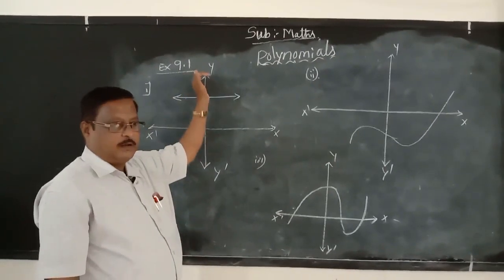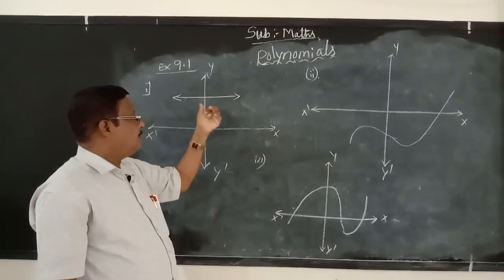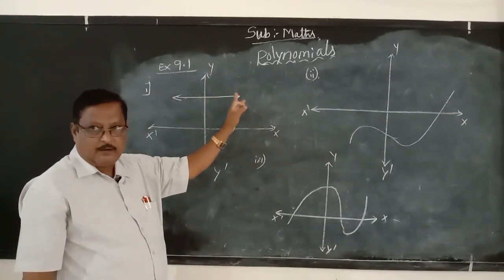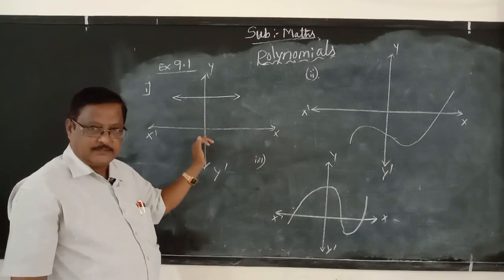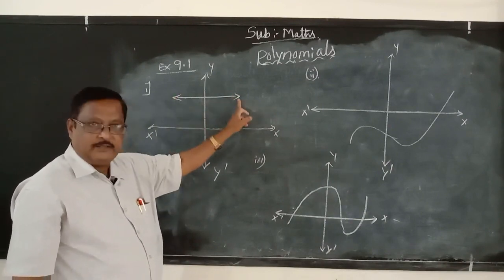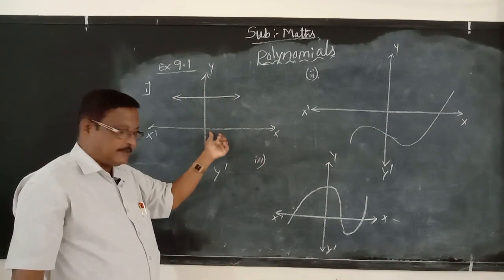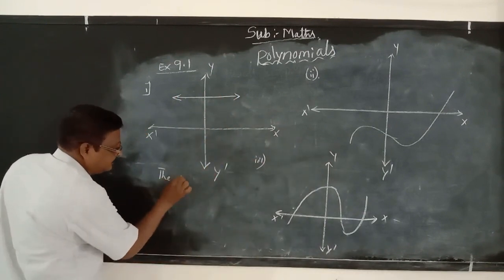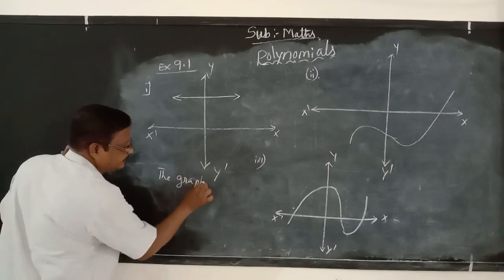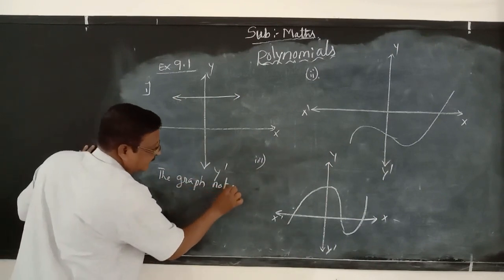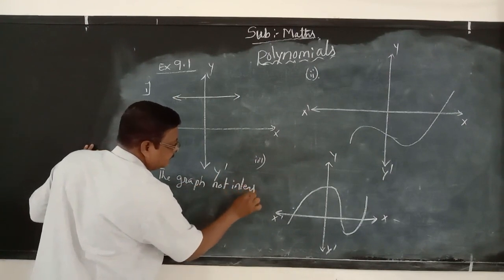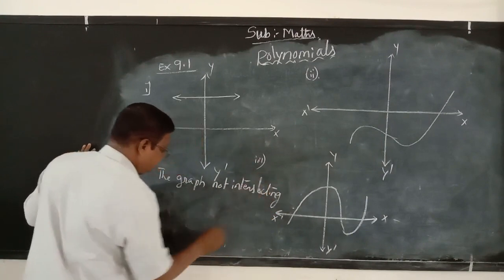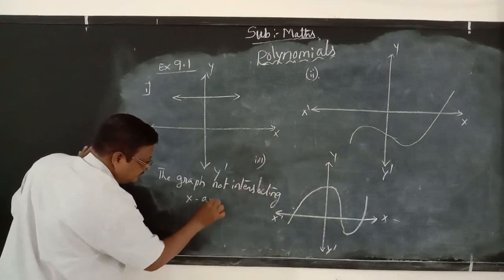Here, exercise number 9.1, in the first problem, first graph, this is the graph. The graph does not intersect the x-axis.